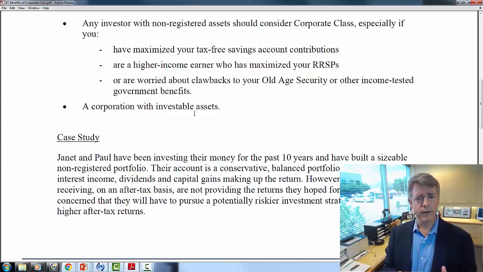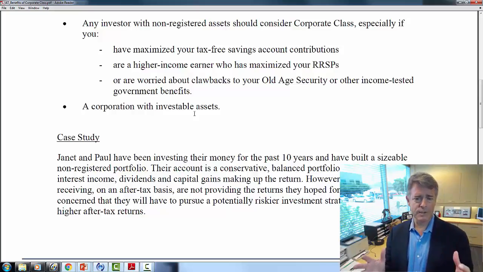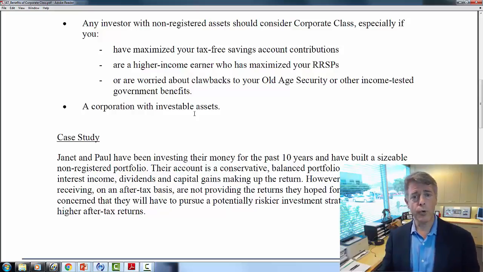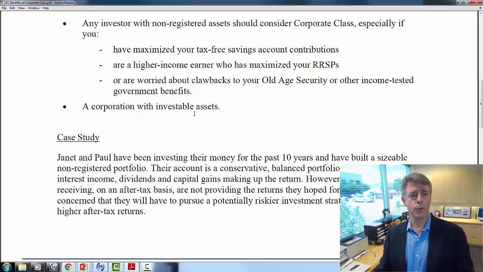So corporate class investments are a way of building up assets within your corporate structure, but because it greatly reduces the amount of taxable distributions from the portfolio, you won't be hit with additional taxation within the corporation on these assets. So again, if you're self-employed and you've got a corporate structure, you want to take a serious look at the corporate class investment structure.